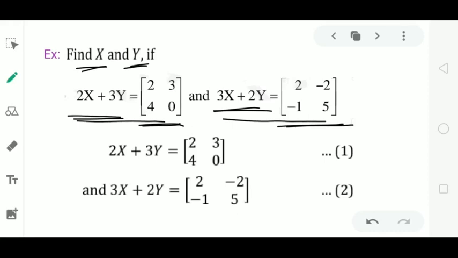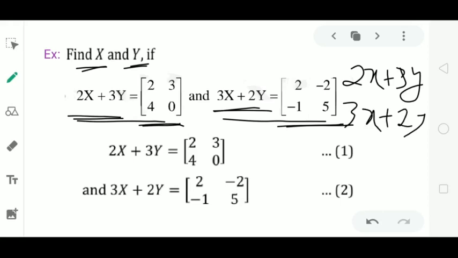Suppose instead of matrices, I have the equations 2x plus 3y is equal to some constant and 3x plus 2y is equal to some constant, then how can you solve these two equations? We already know that to solve the equations we have to make the coefficients of any of the variables the same, and then on subtracting the two equations we get the value of the other variable.